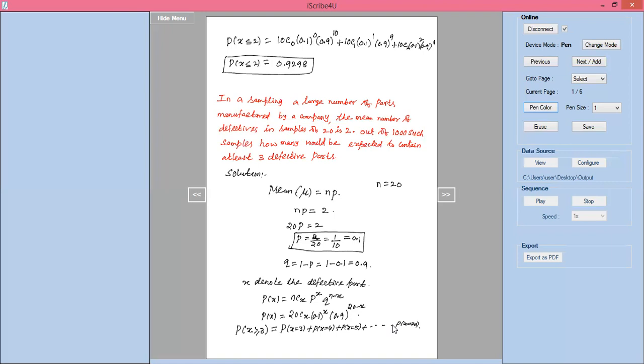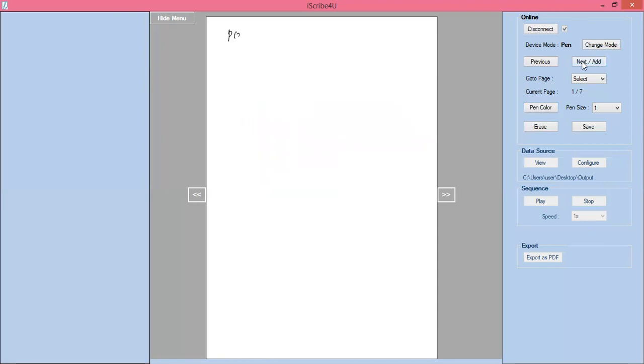Probability of X greater than or equal to 3 is nothing but 1 minus of probability of X equal to 0 plus probability of X equal to 1 plus probability of X equal to 2. Now we write 1 minus of P of 0.